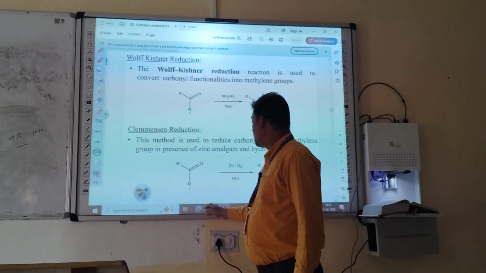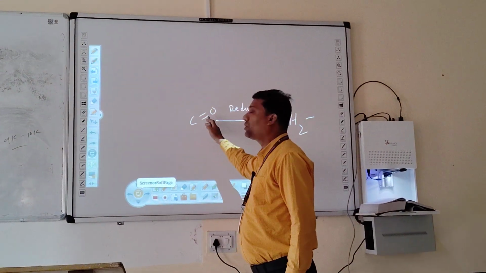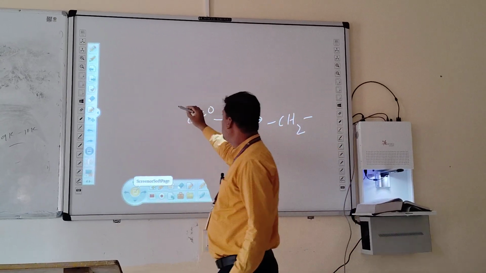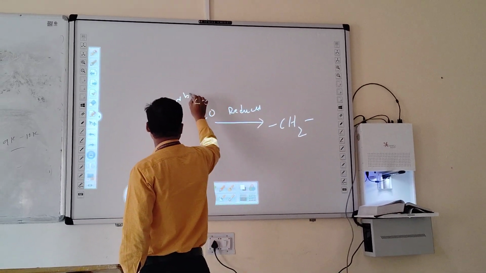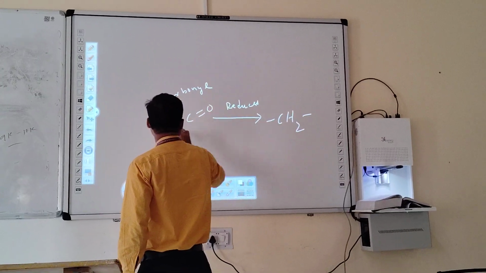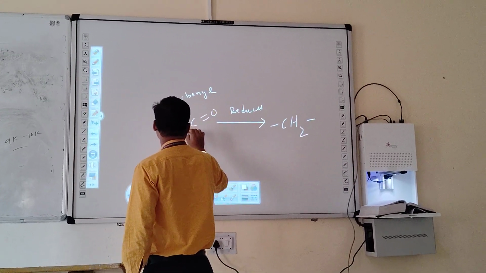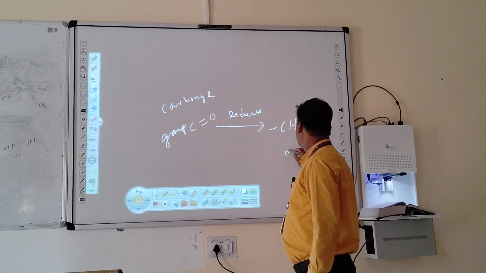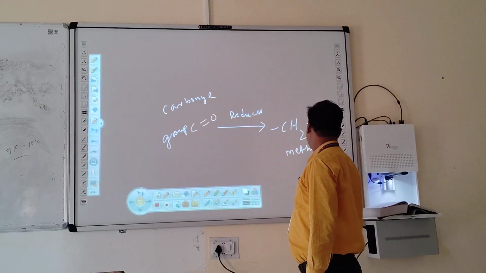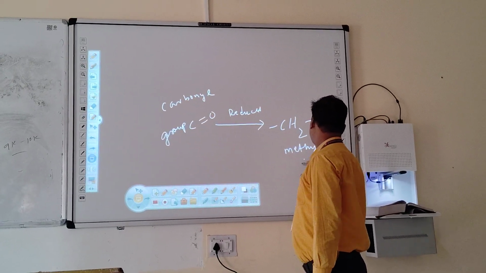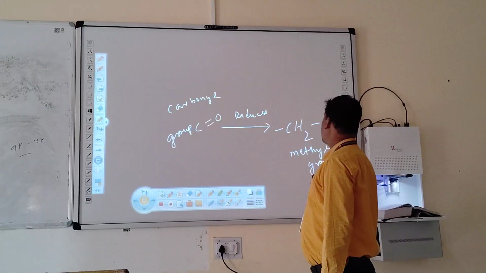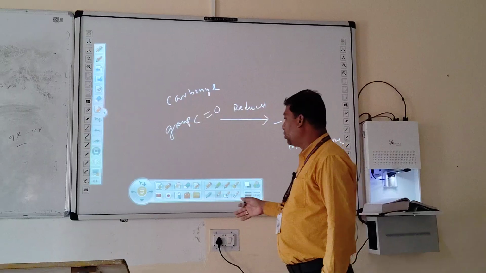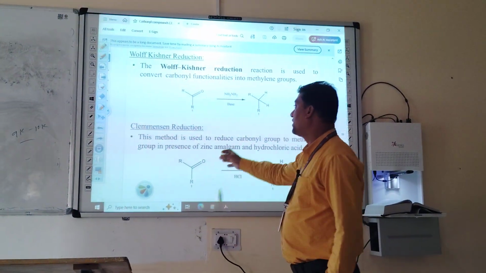This is the carbonyl group, and it will be reduced to the methylene group. The carbonyl group is reduced to the methylene group in both reactions, Wolff-Kishner reduction and Clemmensen's reduction.